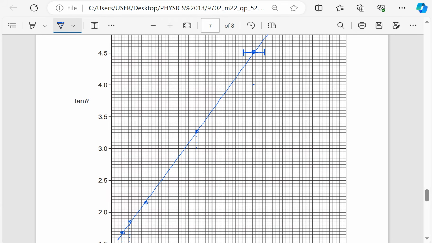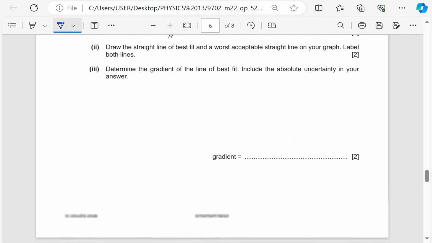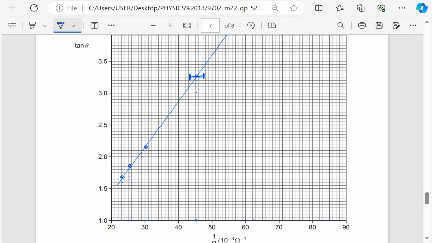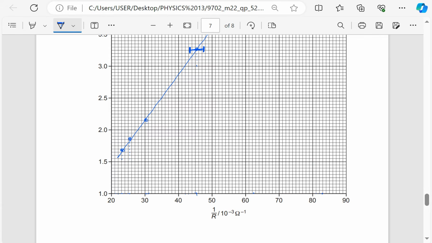So I'll just set a half, 1, then 2 is almost here. It is 2.3, so I just estimate this. The next one was 1.5, then 1.3, then 1.2. So that is 1.5, almost here.